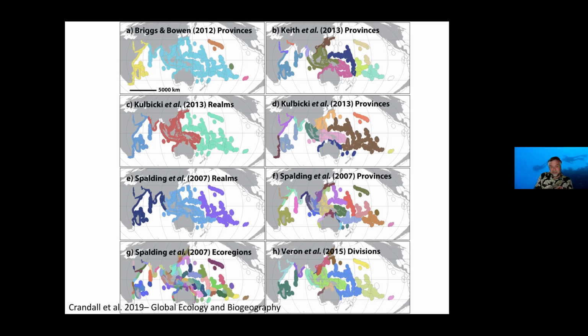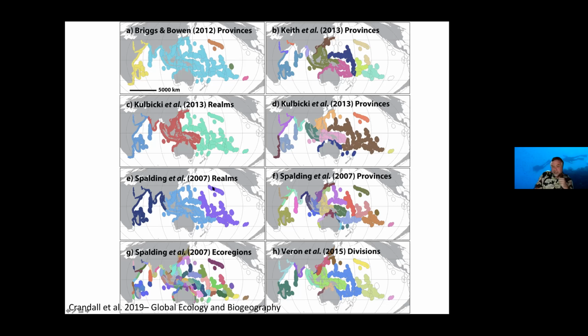This is a lot of color to look at, but you can see that they clearly are not in complete agreement with each other. If we just look at Brian's hypothesis, he has the whole central Indo-Pacific from French Polynesia over to India as one single region, whereas the Spalding realms have three fairly equally sized regions.